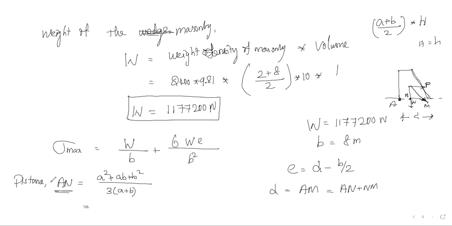So A is 2 meter and B is 8 meter. If we substitute this, the AN value we are going to get is 2.8 meter.